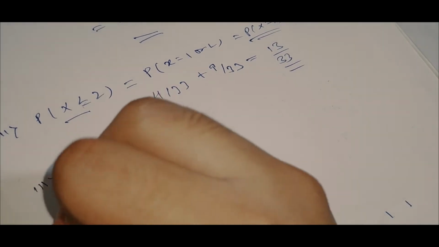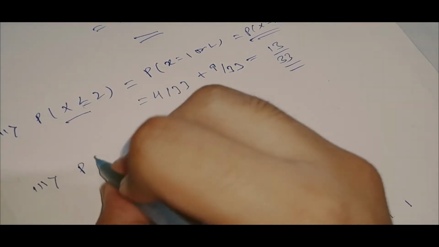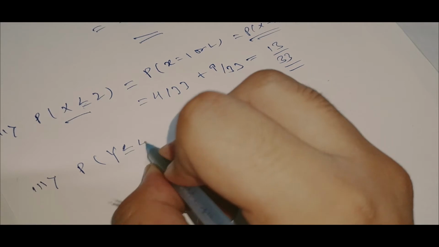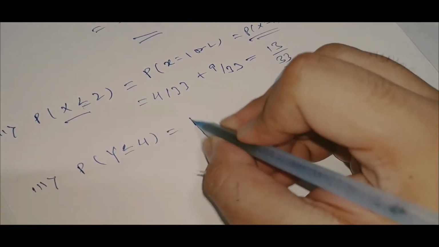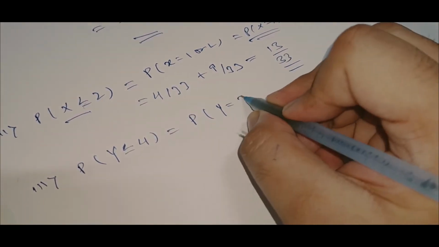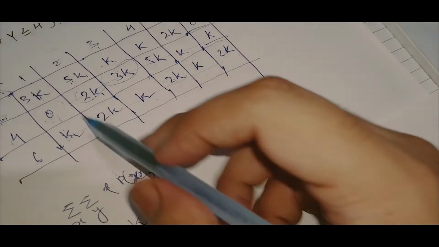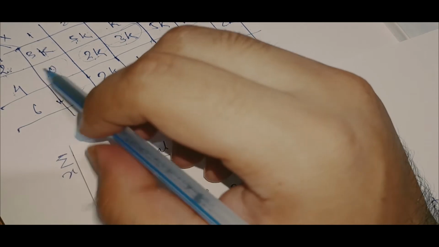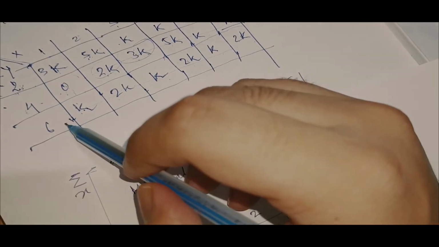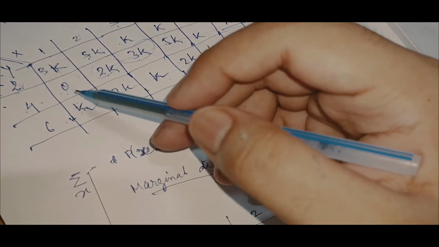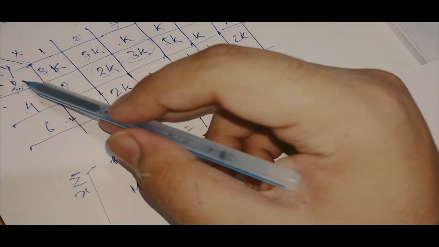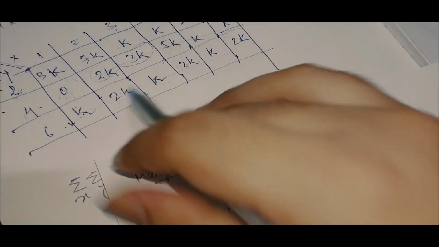Now the third question is P(y less than or equal to 4). So y equals 2 or 4, because here y varies from 2 to 6 and the values are 2, 4 and 6. So less than or equal to 4 means y equals 2 or 4.